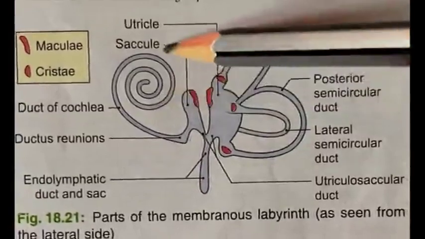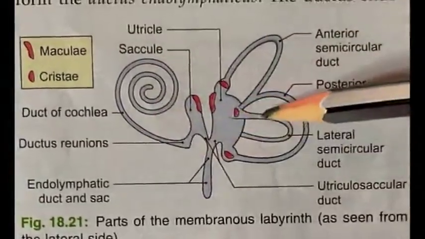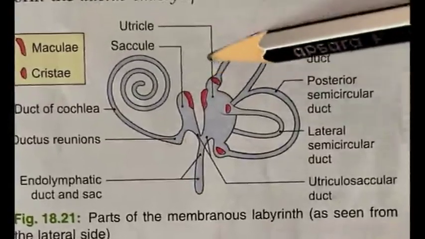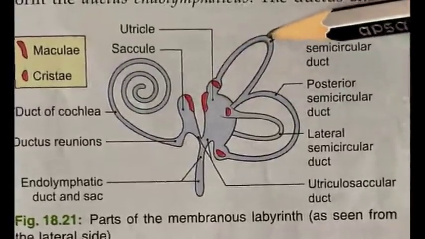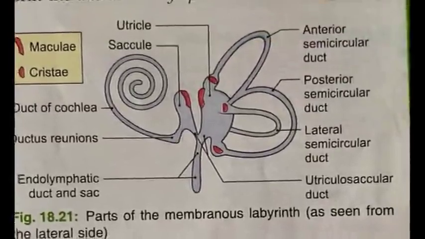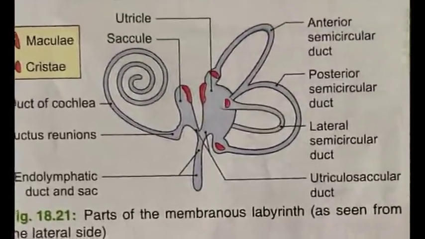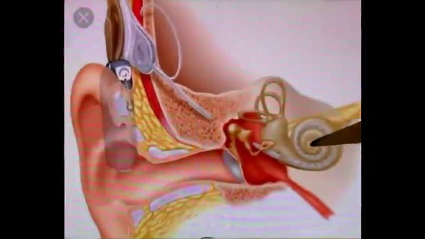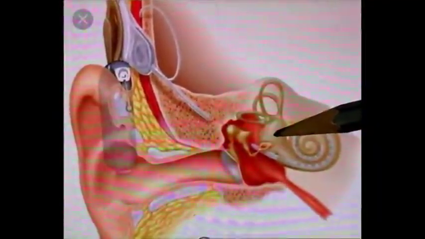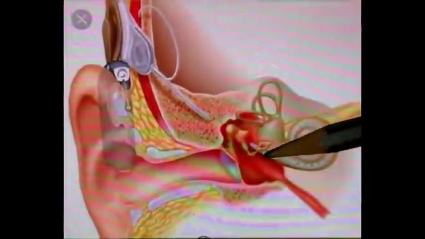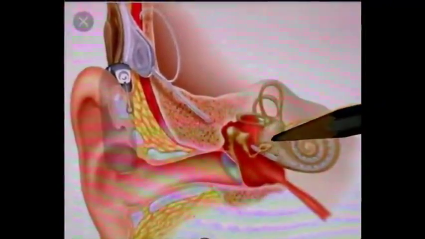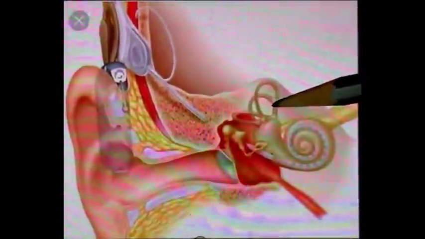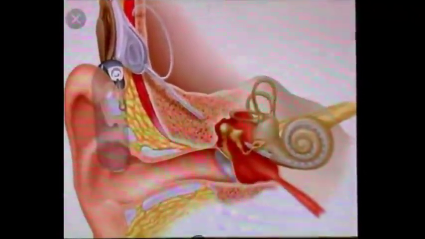So endolymph flows within the membranous labyrinth, and perilymph separates the membranous labyrinth from the bony labyrinth. As for the cochlea, it is the anterior-most structure. Then in the middle lies the vestibule. This quadrangular structure is the vestibule, and the semicircular canals are posteriorly present.